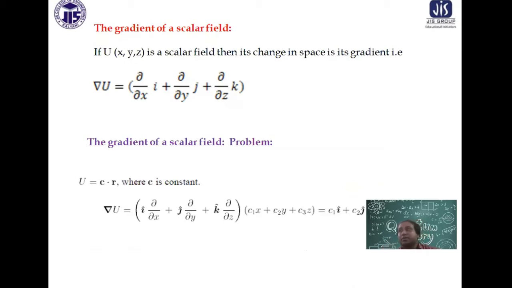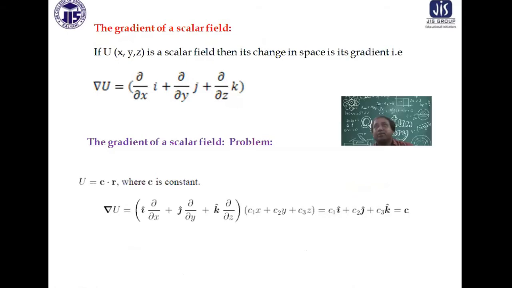If u is c dot r, that vector, suppose c is c1x, c2y, c3z. You can calculate it like this. So the gradient operator is i del/del x, j del/del y, k del/del z. You operate it on a scalar u.